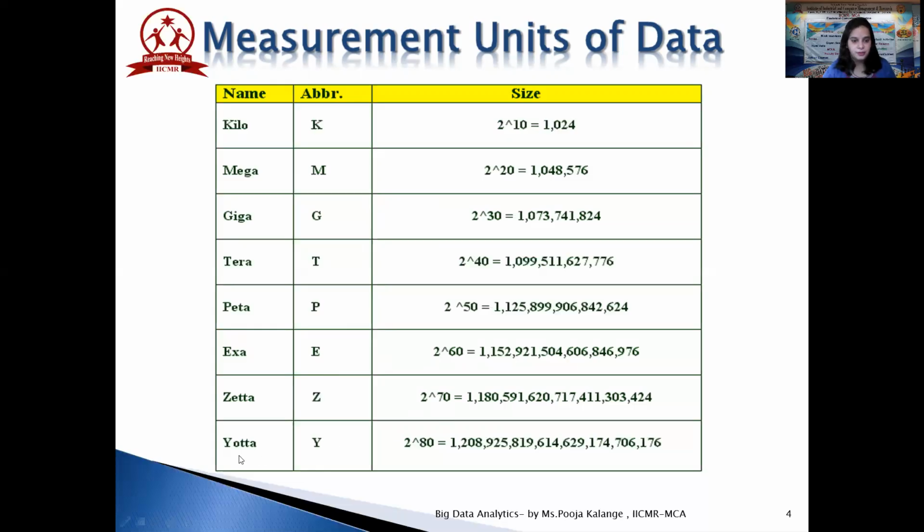And the largest unit is the yottabyte, that is 2 raised to 80, which almost equals 1208925819614629174706176 bytes. This is the largest representation, said to be the yottabyte. There are some other representations coming into the picture, but it is not yet proven that they are correct. So the yottabyte is the largest representation for a unit of data.